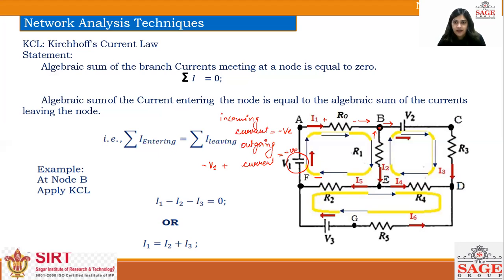Okay, so we can see here, suppose I1 is coming, where we apply at node B: I1 minus I2 minus I3 is equal to 0, or we can write I1 is equal to I2 plus I3.